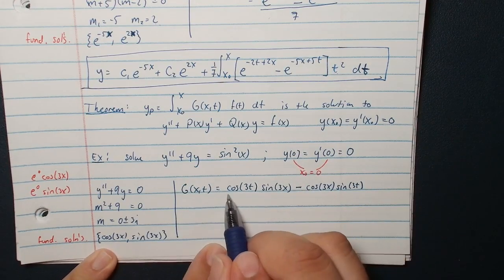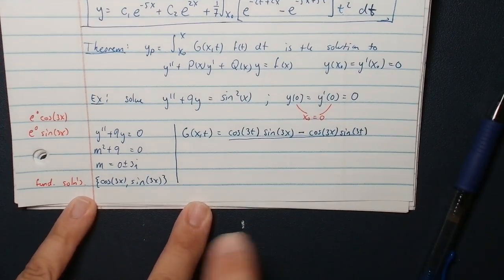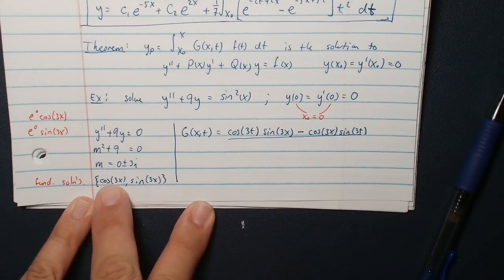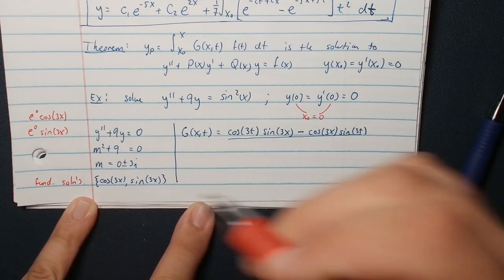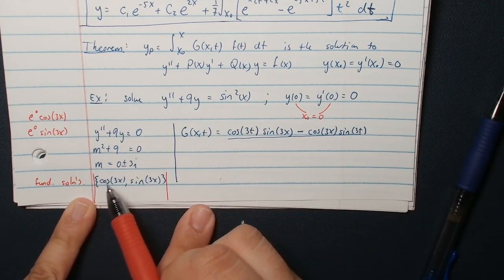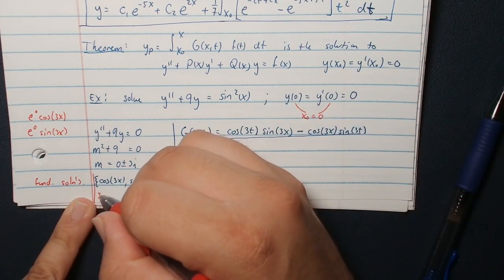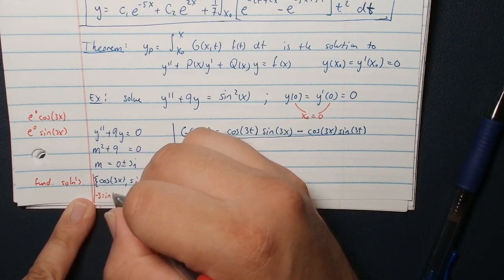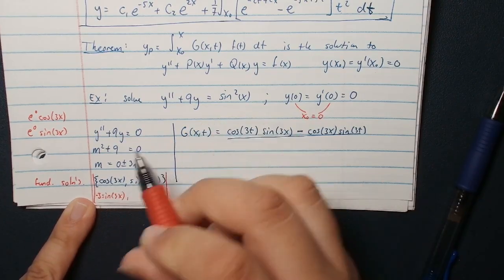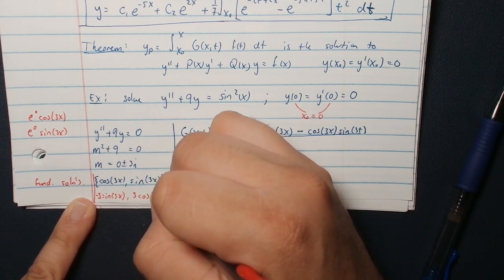Then we're going to divide by the Wronskian of these. If I took these as y1 and y2, the Wronskian would be the determinant, where the derivative of cosine 3x is negative 3 sine of 3x, and the derivative of sine of 3x is 3 cosine of 3x.